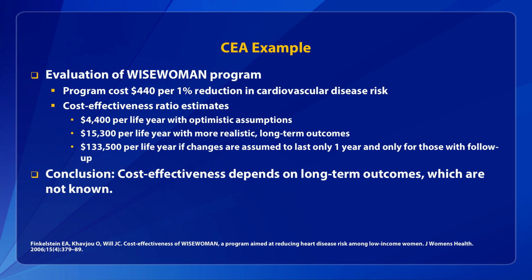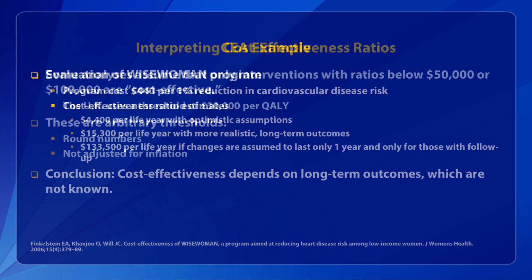Costs were more than $133,000 per life year saved when the cardiovascular disease risk changes were assumed to last only 1 year and not longer. This study shows the importance of having longer-term final outcomes in the cost-effectiveness analysis.